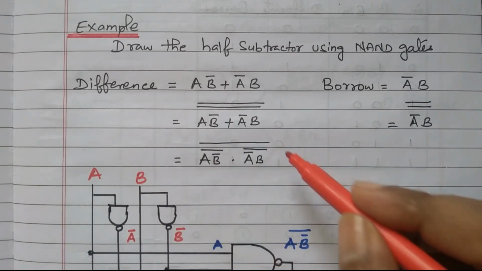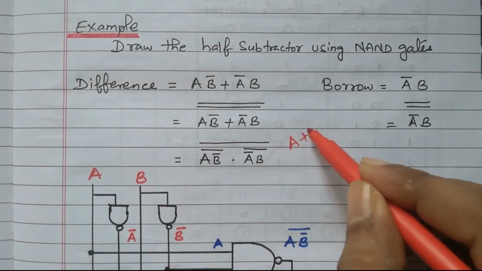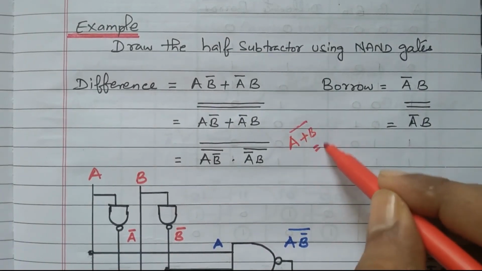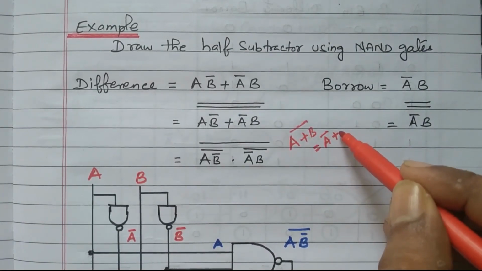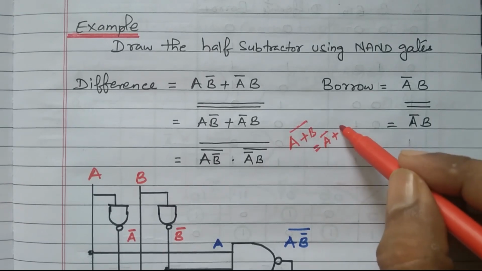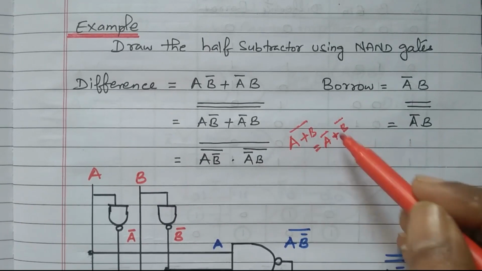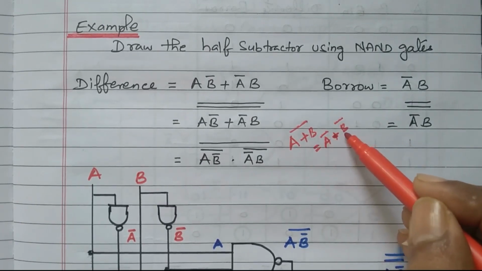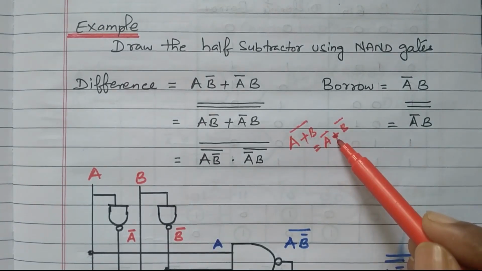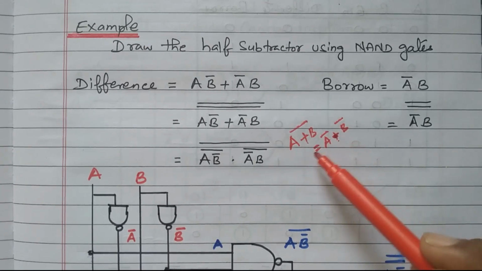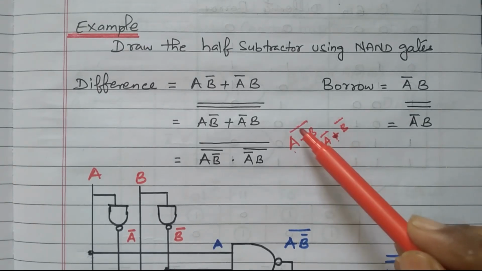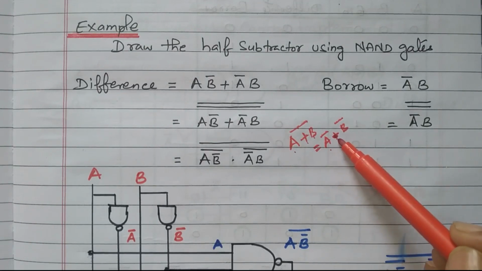By using De Morgan's theorem, A plus B the whole bar equals A bar into B bar. A plus B the whole bar is nothing but A bar dot B bar. The plus is converted into dot by using De Morgan's theorem.